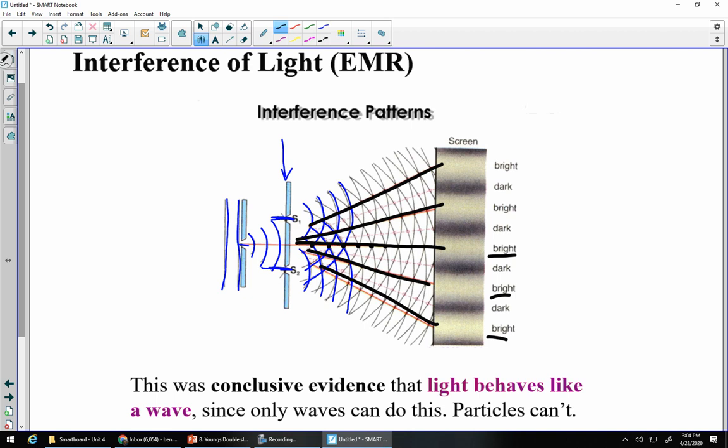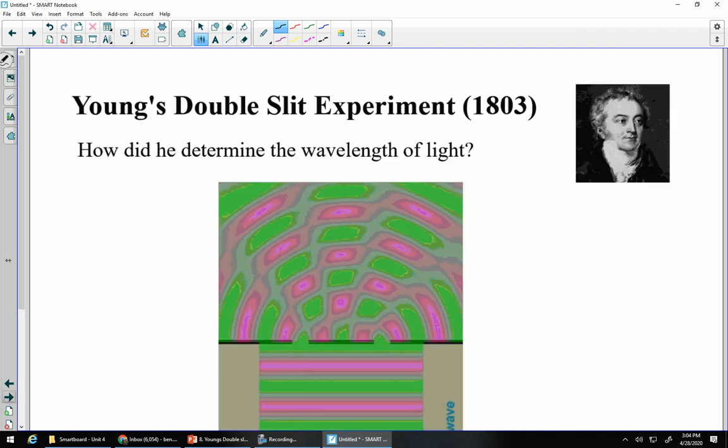Where I have destructive interference, that's where a crest meets a trough, they cancel each other out. The waves cancel each other out, and that's where we end up with these dark spots. So dark spot, dark spot, dark spot. Cool. Do particles cancel each other out like that? No. So again, very conclusive evidence that light is definitely behaving like a wave.